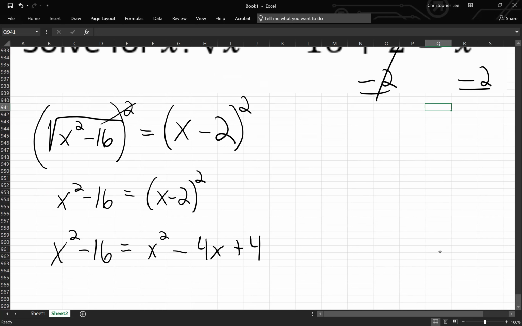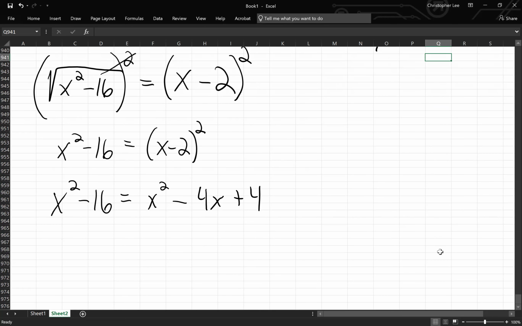I know you guys know how to distribute already and all that in FOIL, so I'm just giving it out to you. After this now, I want to solve for x, right? That's my goal. So what am I going to do? I'm going to subtract x squared from over here. What I do to one side, I got to do to the other. And then I want to subtract 4 from over here.